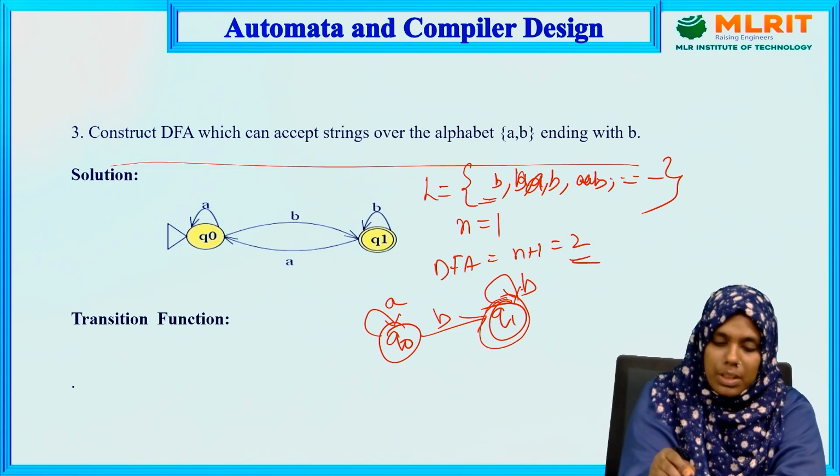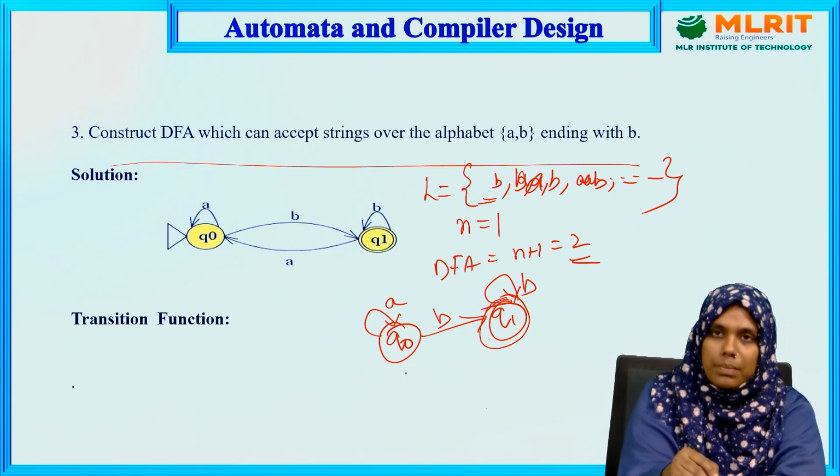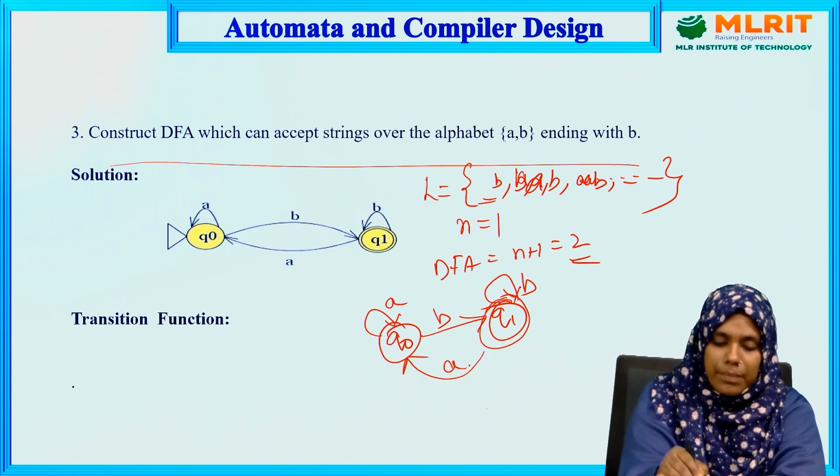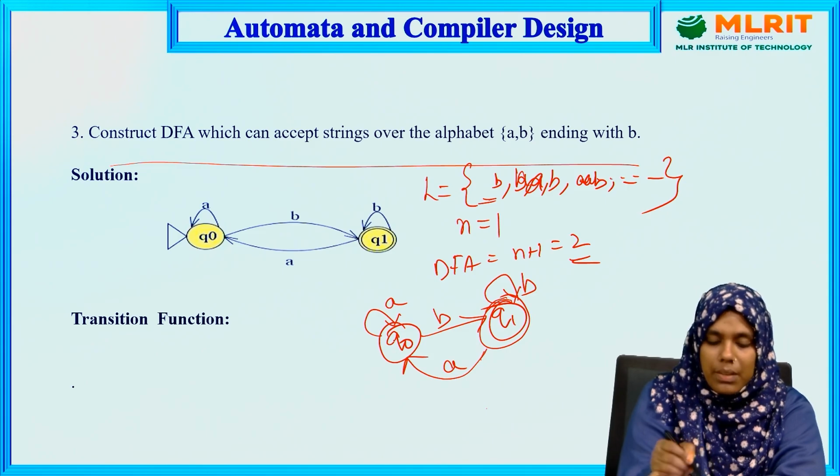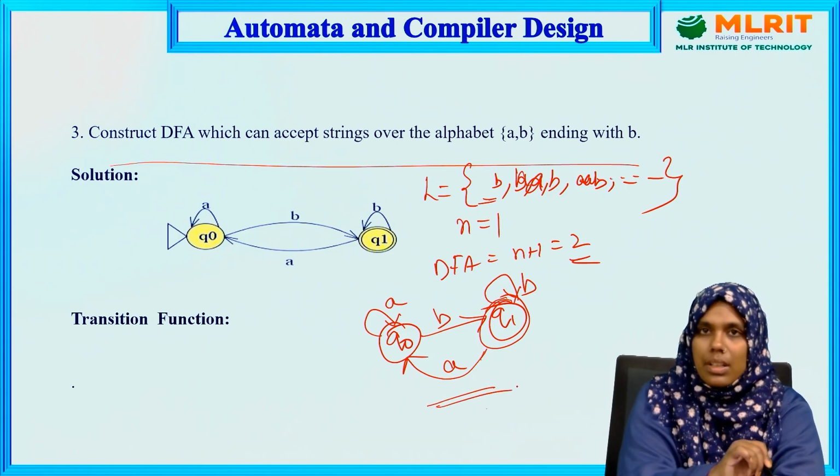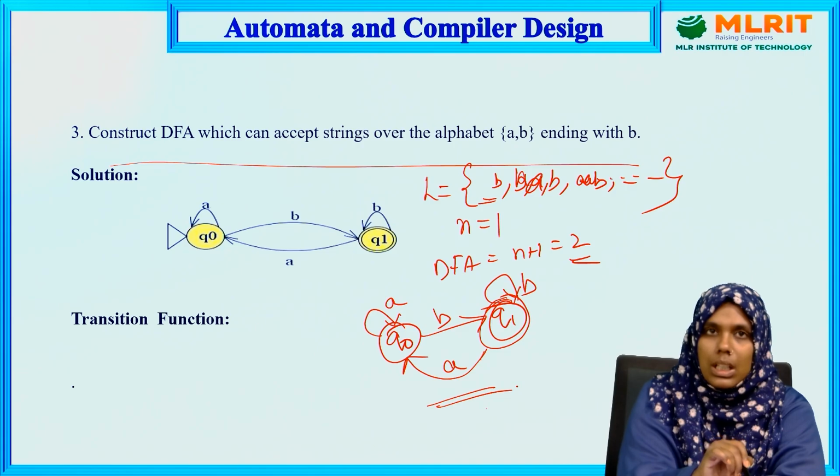Yes. Q1 with B is completed. What about Q1 of A? No need of moving to a dead state, because if you have the possibility to move to the previous state, you can just move to it. Yes, we have the possibility. So we are moving to the previous state. So this is the transition diagram for the given question.